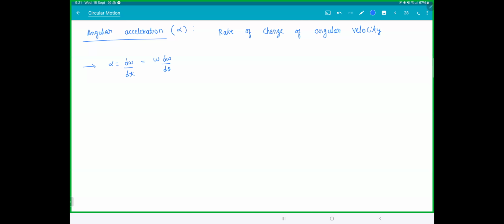Remember v dv by ds? Acceleration has two forms, dv by dt and v dv by ds. If you want to find alpha average, which is nothing but omega final minus omega initial by time, it exactly looks like acceleration. Delta omega will give you integral alpha dt, so this is area under alpha t graph.